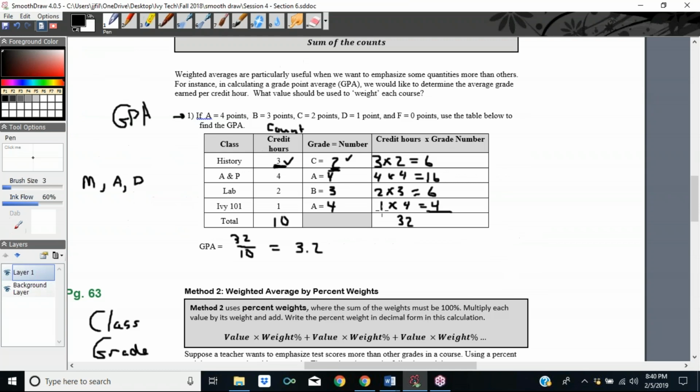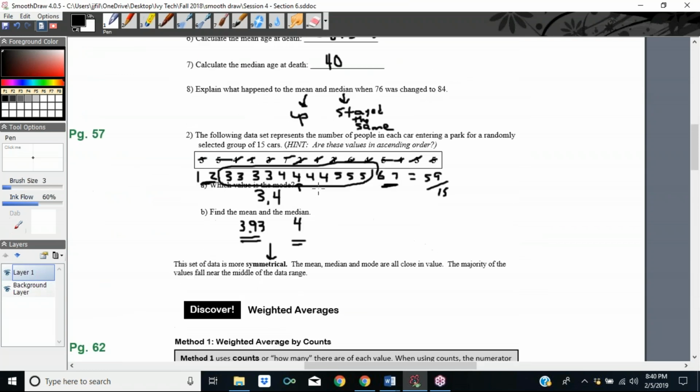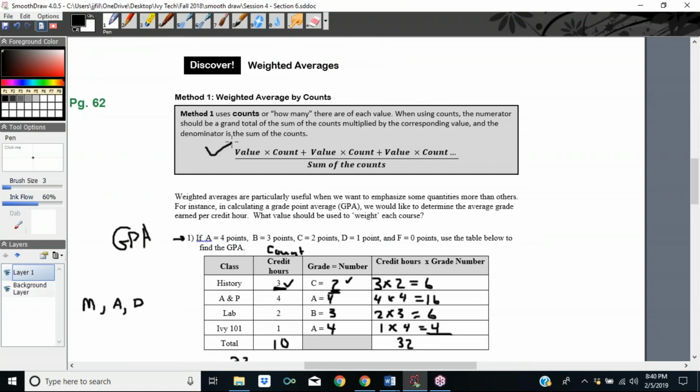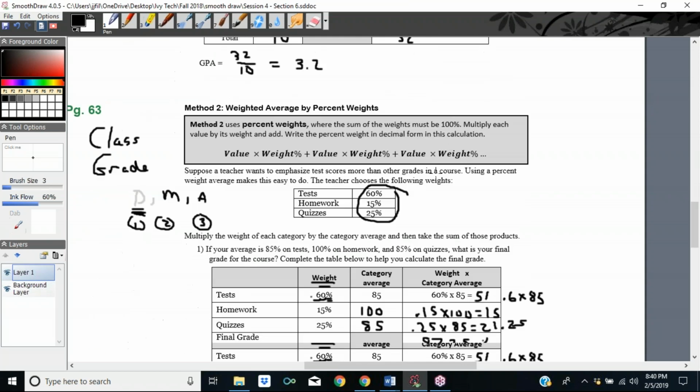I'm scrolling up here, I know fast and furious, but it's like this right here. The value of the item times the number of items, value of the salad times the number of salads, value of the taco times the number of tacos, and then the number of items that were sold.